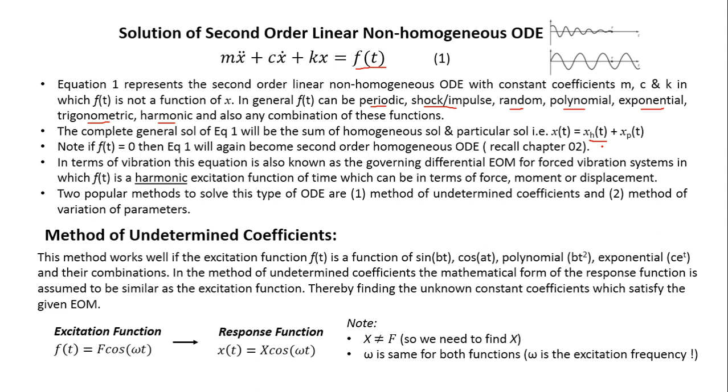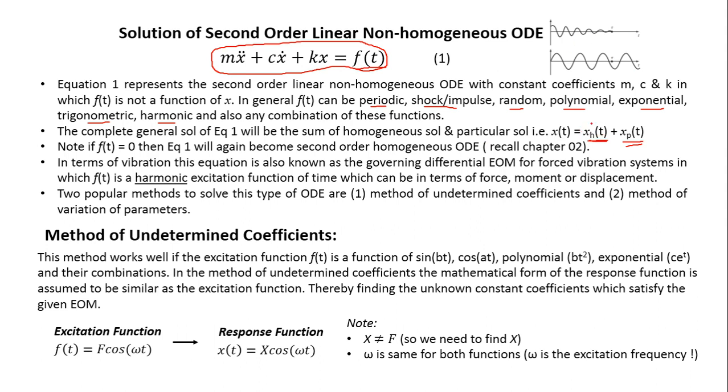That is, their solution depends upon the roots of the characteristic equation. So if you are solving this equation number 1, you have to get that homogeneous part, and then you have to get the particular solution. That is, you then have to consider this whole equation and solve it, including the function f(t). So that solution will be the particular solution, and if you consider f(t) equals 0, that solution will be the homogeneous part of the solution.